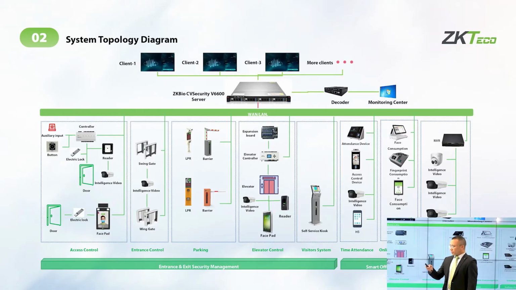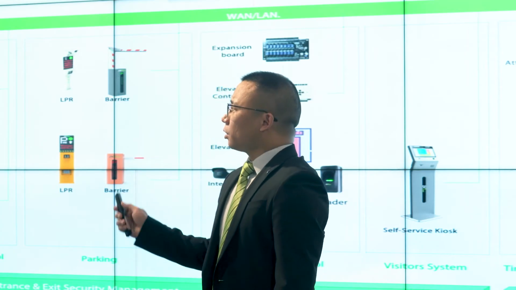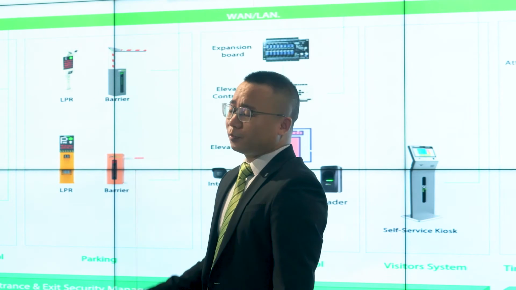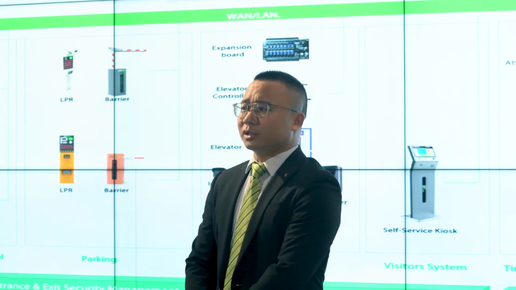The last one is intelligent video. This part is the highlight, part 3, and I will emphasize introducing it. And at the top level, we can see the server and the monitoring center. This whole typical diagram is a big difference from ZKBio Security.